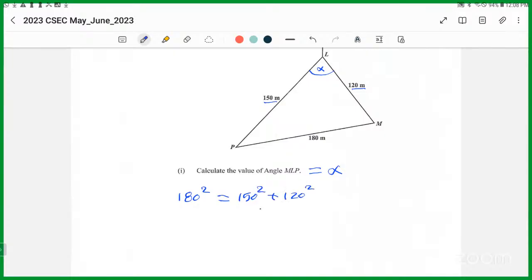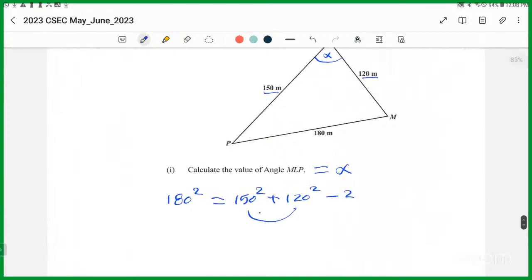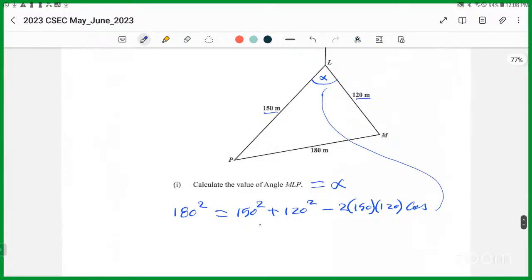Remember now, it's not Pythagoras' theorem, so you have to subtract a piece. You're subtracting twice the product of these two sides, the 150 and the 120 without the squares on them, and you cosine the angle between them. But the angle between them, you don't know, it is alpha. So you have to put the alpha. And you're actually trying to find the alpha.